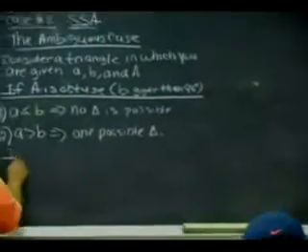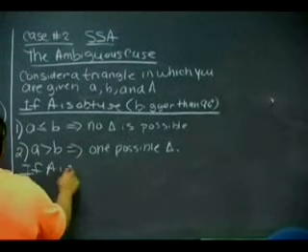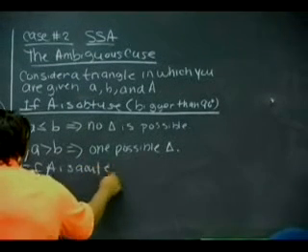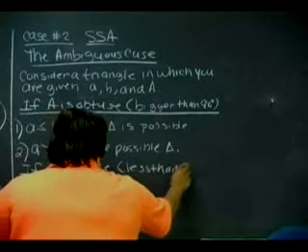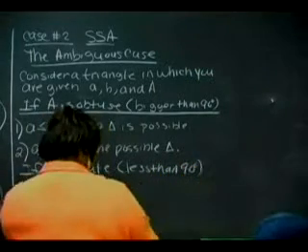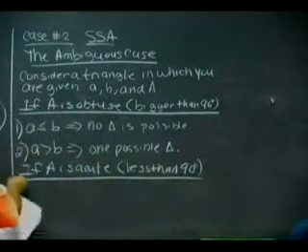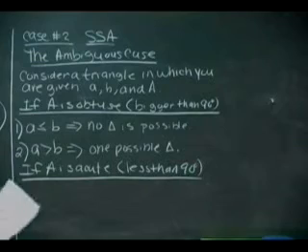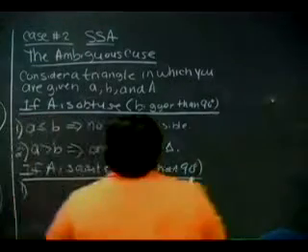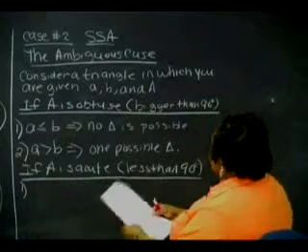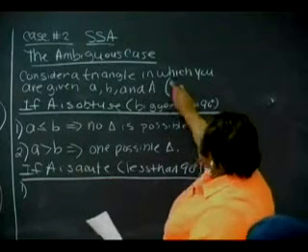Now, if A is acute, which is less than 90 degrees, then we have three situations. And this is where that H comes into play. We need to define what H is, and we'll define it here.